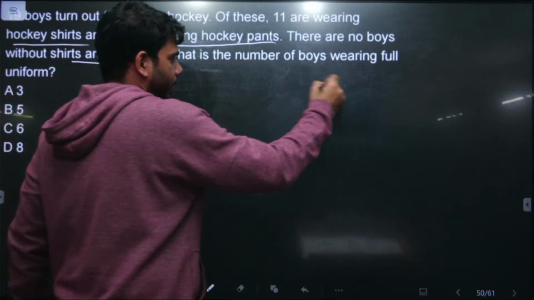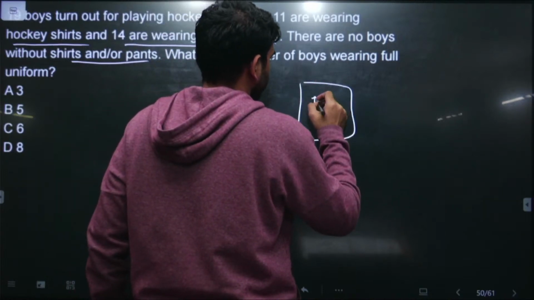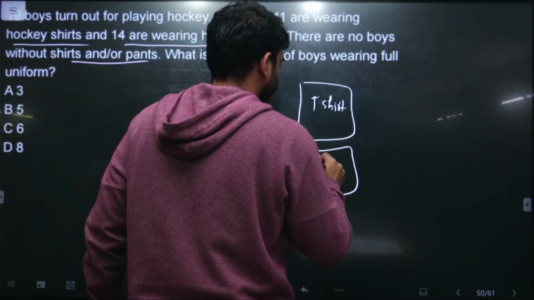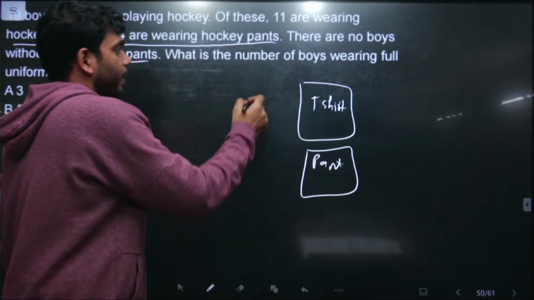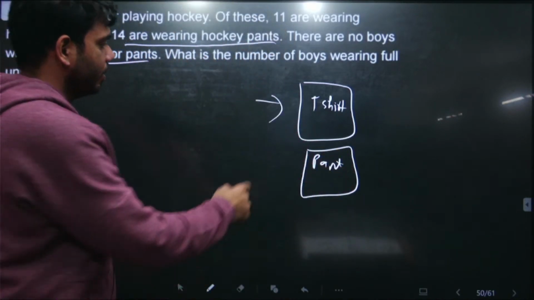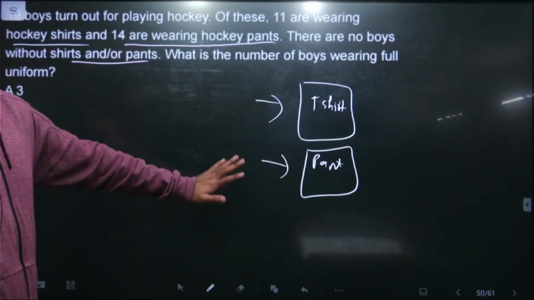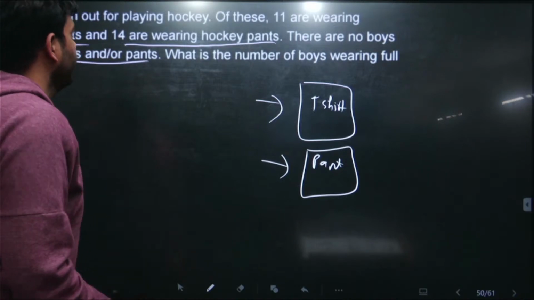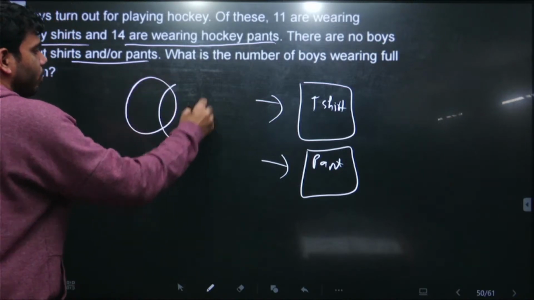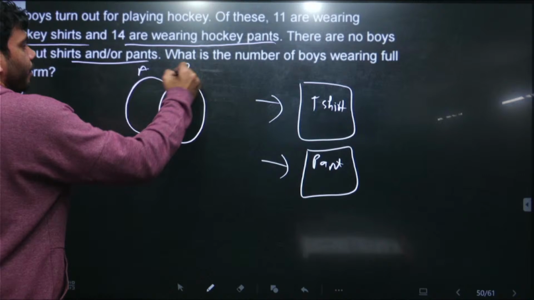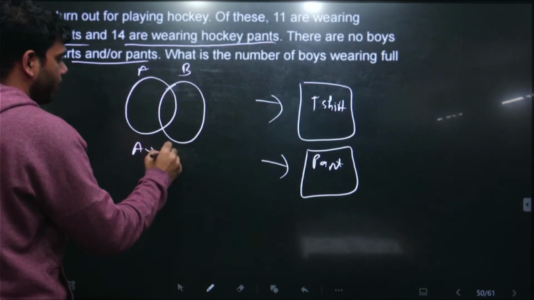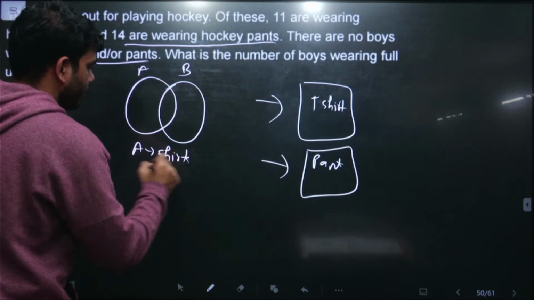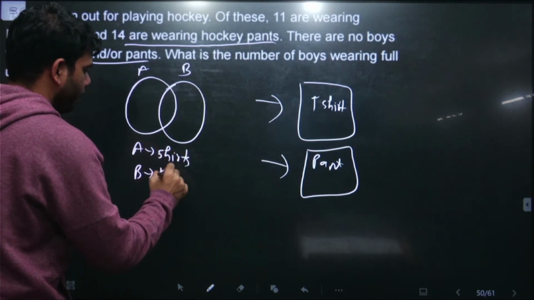मतलब दो चीजें थी, एक तो shirt is there, t-shirt, and एक pant is there. Some of us are wearing these hockey shirts and some of us are wearing these hockey pants, and we need to find the number of boys wearing both the hockey t-shirt and hockey pants. Simple सा question है. It means we have two sets, again a question of set theory, A and B. A is the number of persons wearing hockey shirts, and B is the number of persons wearing hockey pants.